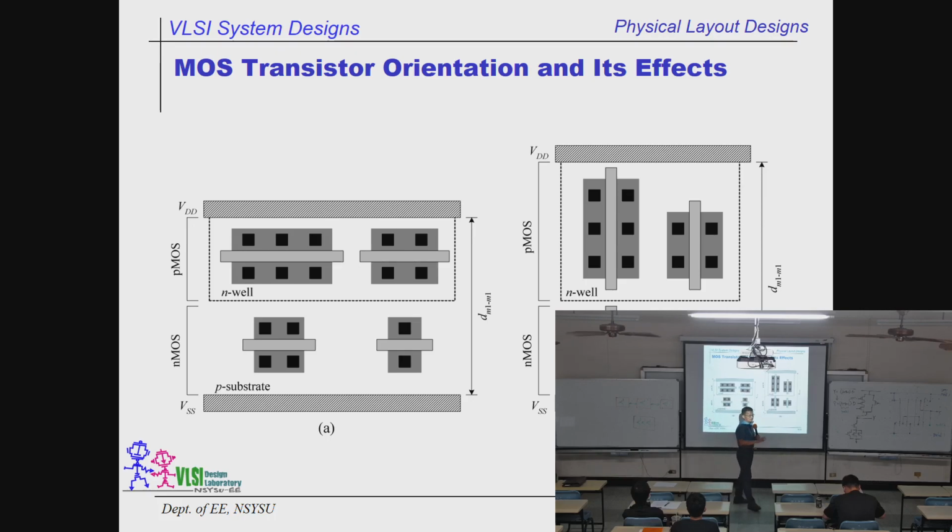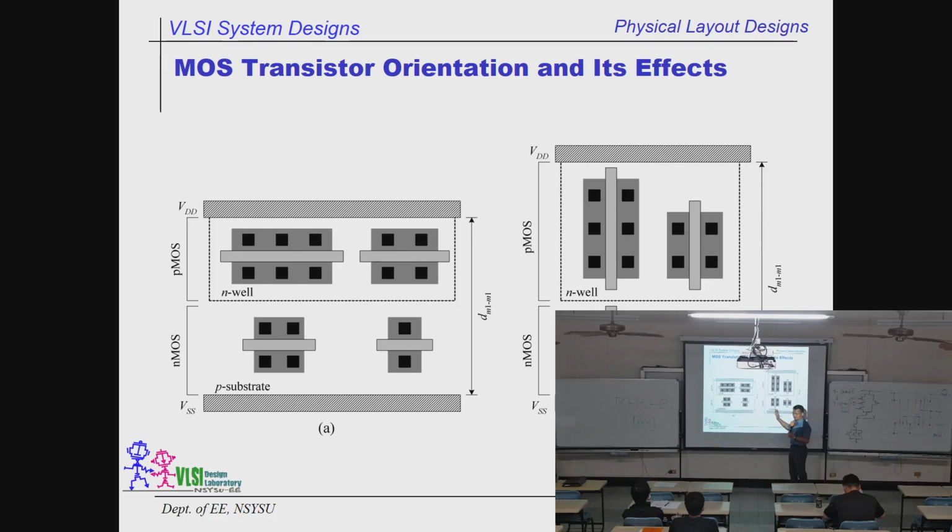And you can rotate by 90 degrees. If you design your cell this way, the current goes left to right or right to left. That's fine. But please do not use this part combined with this one. That is a disaster. You see what I mean?